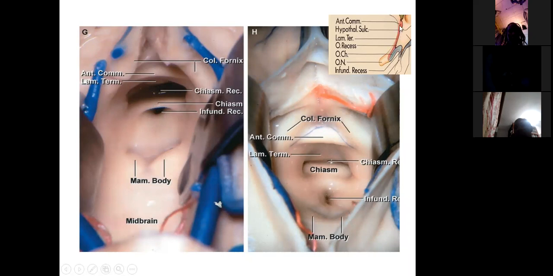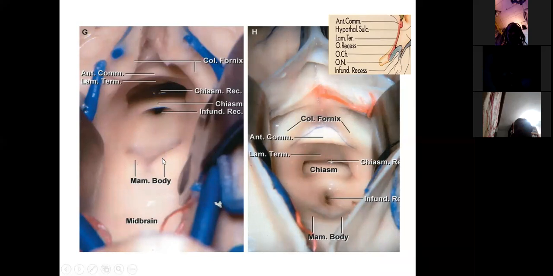Here is another representation: the anterior commissure, the lamina terminalis, the chiasmatic recess just behind, and then the optic chiasma. Then we have the infundibular recess in the third ventricle just behind.